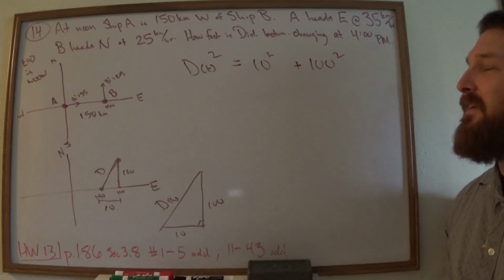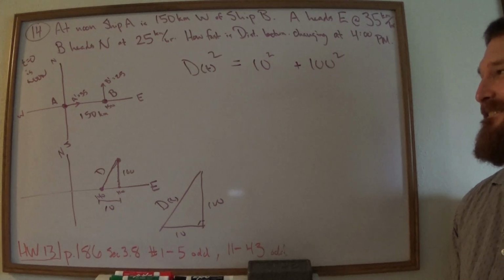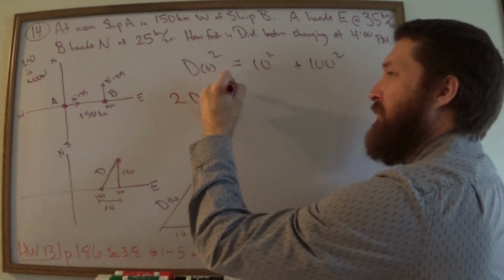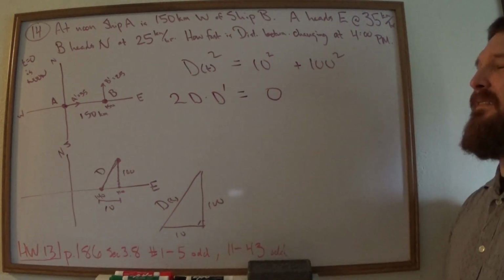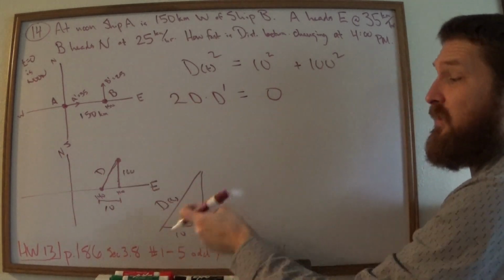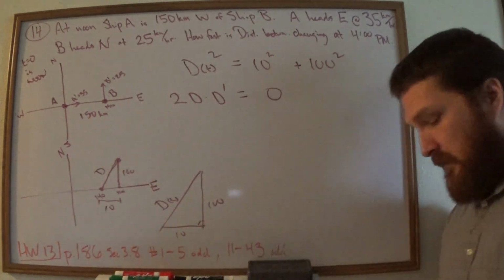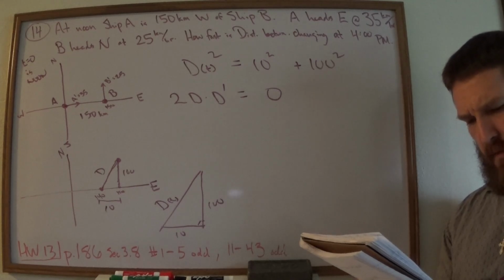Now, take the derivative with respect to t. 2d times d prime. What's the derivative over here? Uh-oh. Then it doesn't matter what the distance is. We could compute the distance if we wanted to, and it works out to be 100 point something.